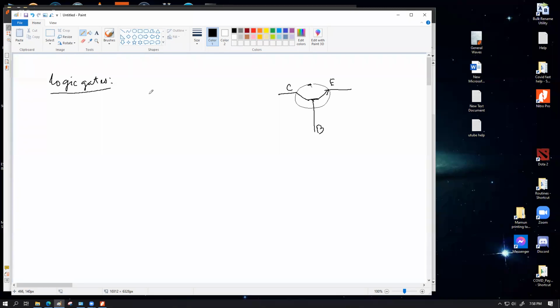What you need to remember and memorize is the shape of the logic gate and the type of behavior they show. The first logic gate is the NOT gate. The NOT gate reverses the logic.